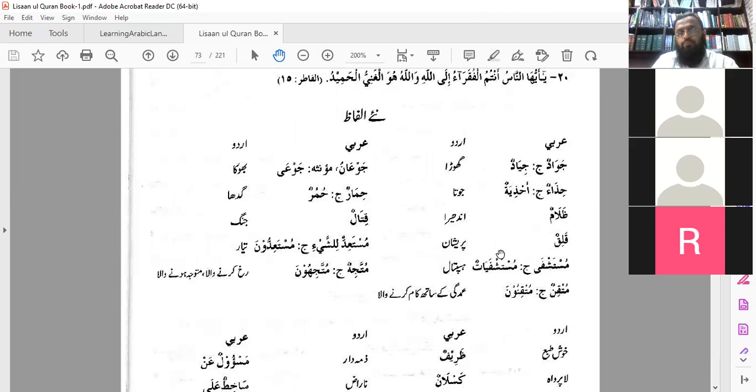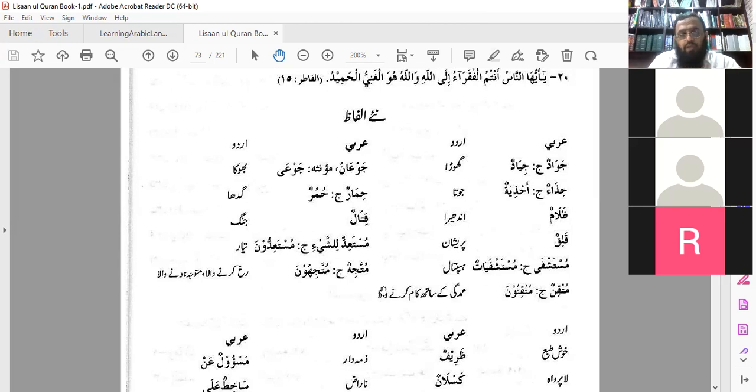And Qitalun is for battle, war. And Qaliqun means somebody who is sad, worried. Musta'iddun, the one who is ready, in Urdu, Tayyar. Mustashfa, for hospital. Mustashfayatun is for plural. Muttajihun is the person who turns himself towards something, or he pays attention.